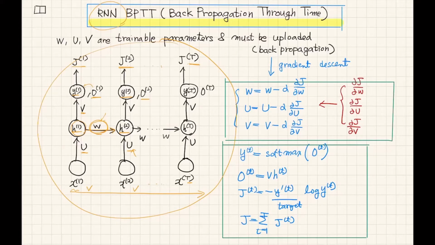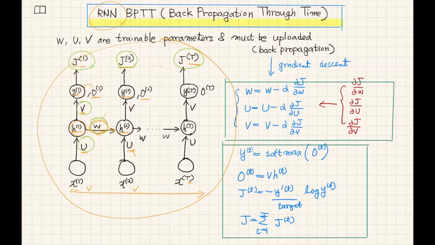this RNN. So in order to apply the backpropagation, we have to define cost functions J1, J2, and J3. And by applying the chain rule, we can update V, W, and U. You remember that in RNN, this V matrix, W matrix, and U matrix are repeatedly reused at the next stages and next stages.